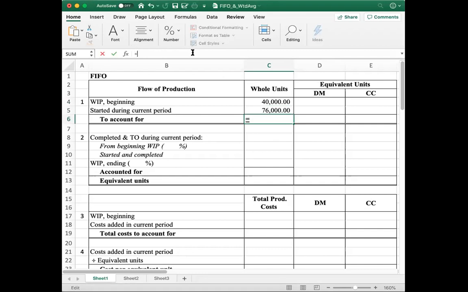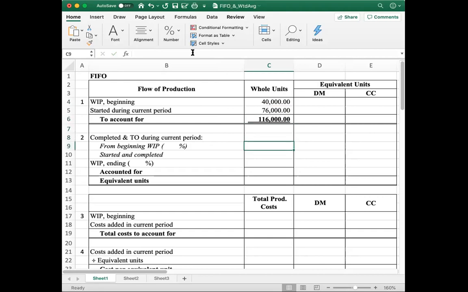We can either do C4 plus C5, or you can use the sum command: equals SUM, open bracket, C4 colon C5, close bracket. Okay, so we have total units to account for: 116,000.